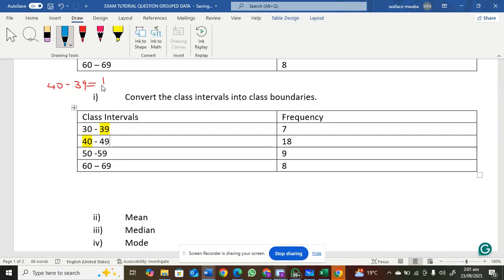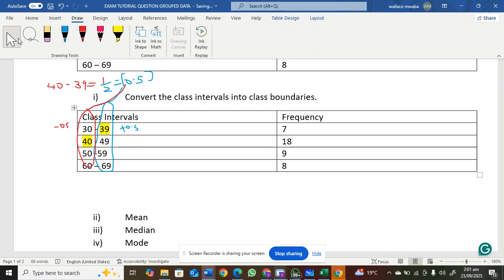So we divide this by 2 to get the middle point, that is 0.5. So this 0.5, we're going to add it with all the upper limits. Okay, every upper limit we're going to add plus 0.5. Then all the lower limits we're going to subtract minus 0.5.